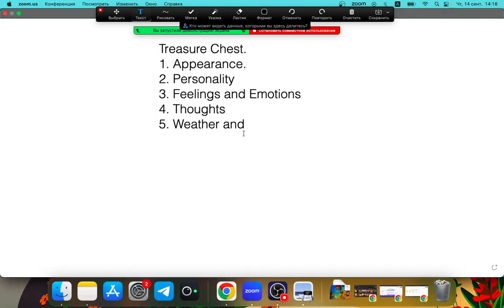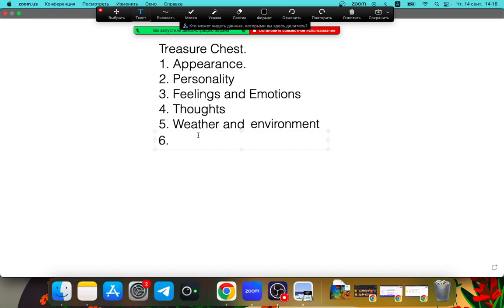Weather and environment, yeah? Please check everything you've typed in your notebook because maybe you made some mistakes, and this is one more opportunity for you to check the way you wrote it and find out whether you've done everything correctly.